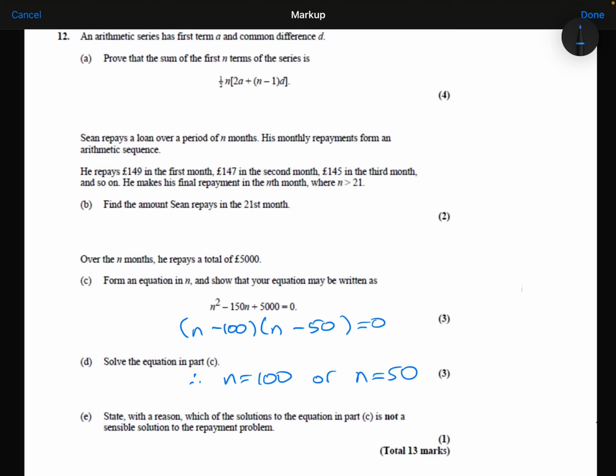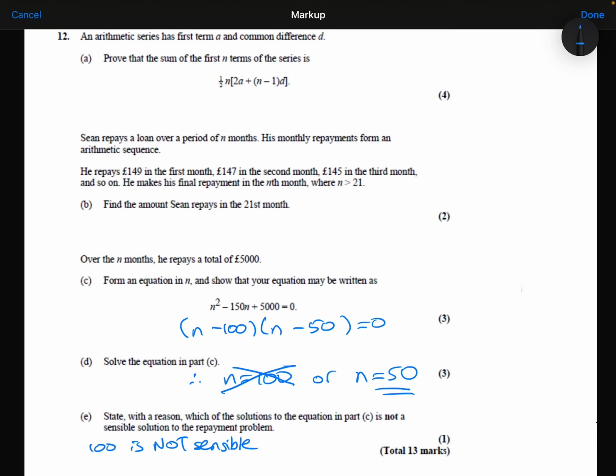Part E. State with a reason which of the solutions to the equation in part C is not a sensible solution to the repayment problem. Well, the 100 is not a sensible solution, because he's already paid the £5,000 off.